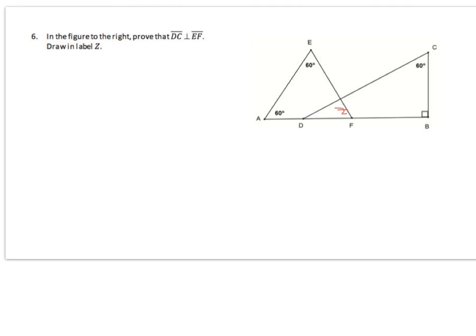Okay, let's see. I'm going to solve that triangle first. Not solve it, but write down what I know. So the measure of angle E plus the measure of angle A plus the measure of angle, let's erase that and just keep the measure of angle EFA equals 180.